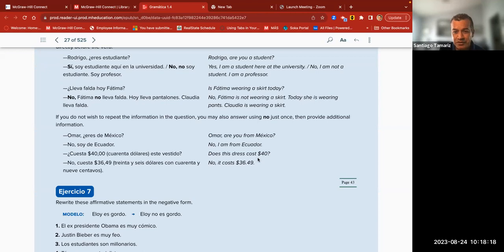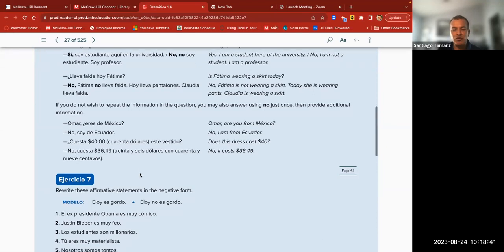Does this dress cost $40? No, coma, cuesta $36.49. No, it costs $36.49. No, coma. You don't need to say, no, it doesn't cost $40, etc. It's not necessary, but you need a comma right before cuesta.